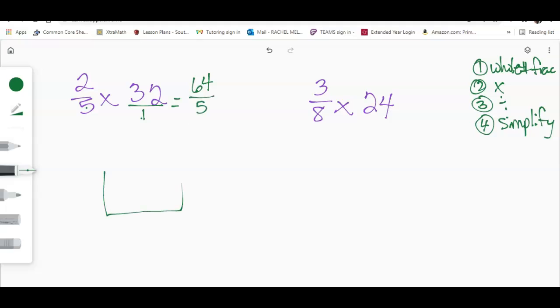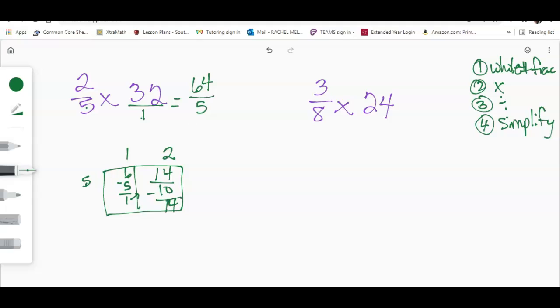So I need to do 64 divided by 5. 5 can go into 6 one time. I bring over my 1. 5 can go into 14 2 times. 2 times 5 is 10. And I'm left with 4, but I have to write that as a fraction.